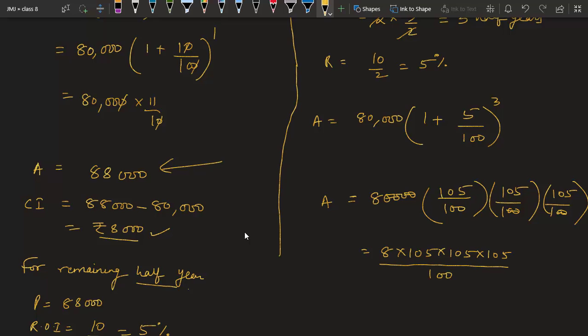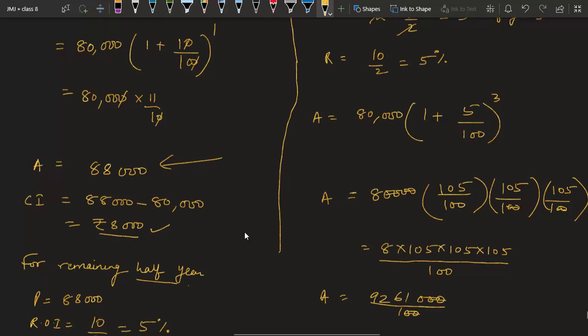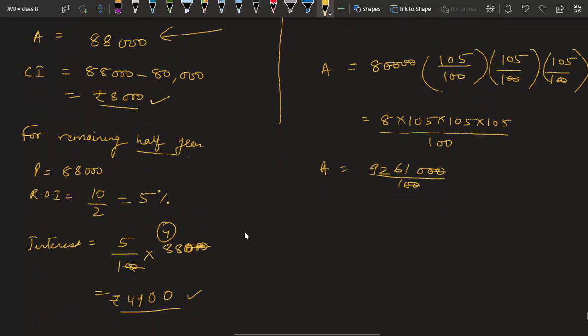Okay, and by solving this, the product will come out as 9261,000 upon 100. These 2 zeros will cut and the amount is 92,610.